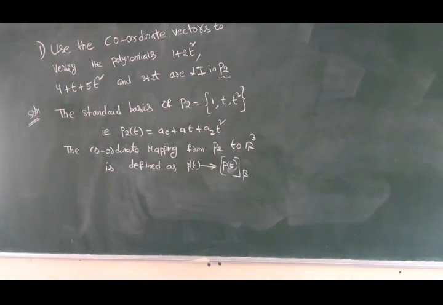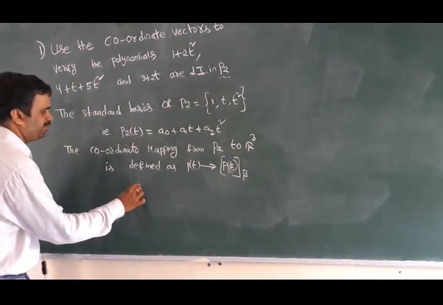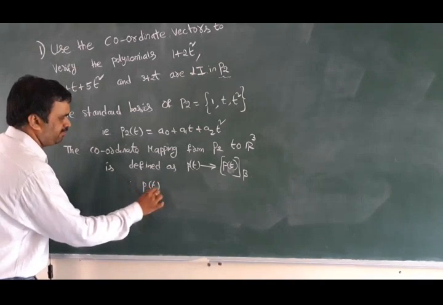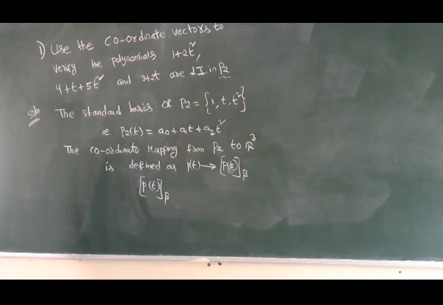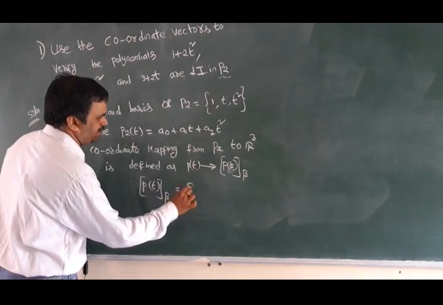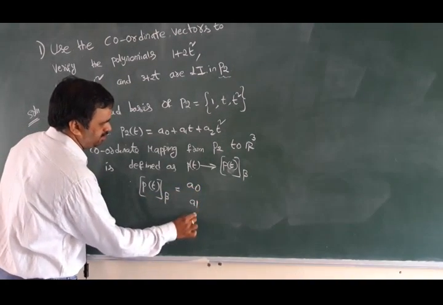Therefore [p(t)]_beta, the polynomial in terms of t with respect to beta, equals a0, a1, a2.